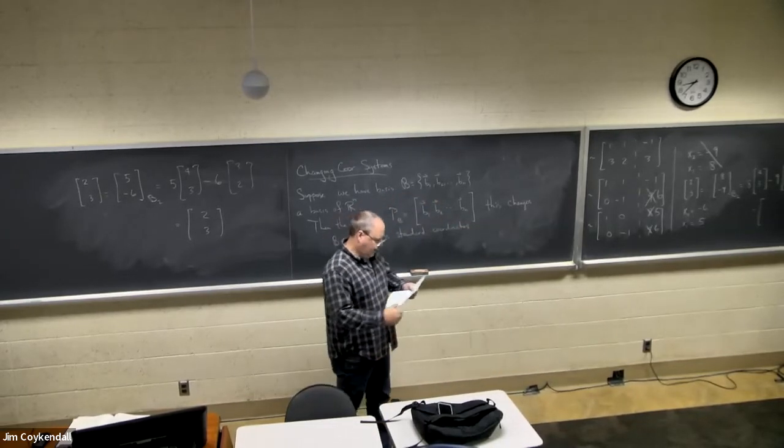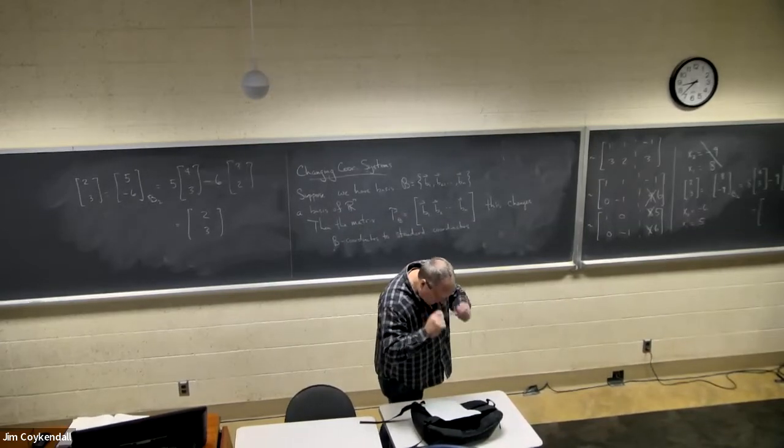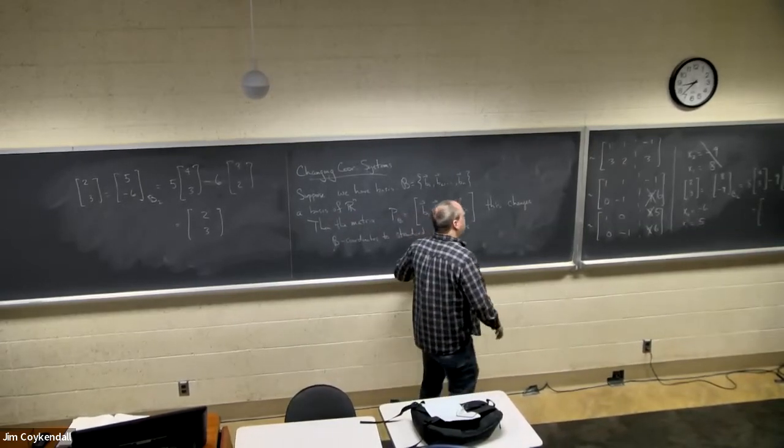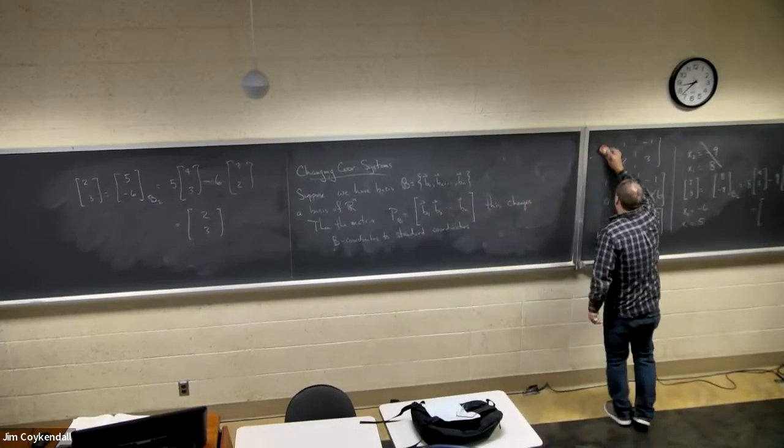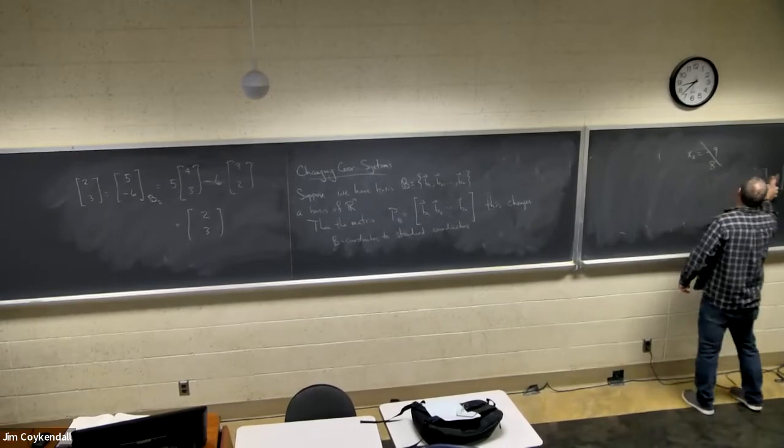This matrix always changes B coordinates to standard. I want to make sure we wrap our heads around this, so let me do an example and show you why it works this way.